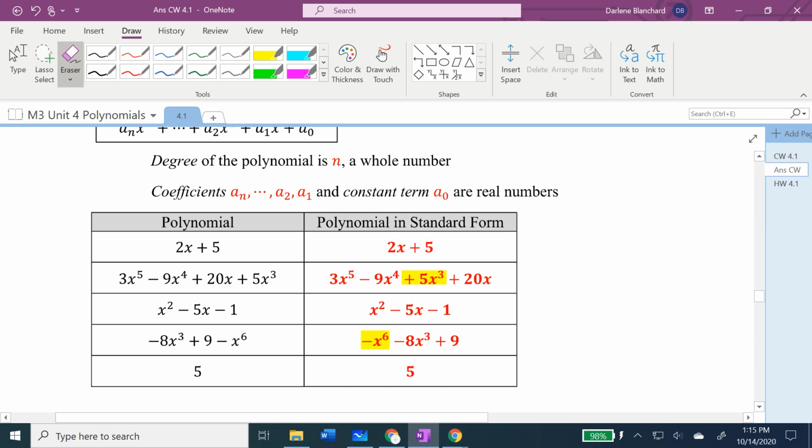They were already written in standard form. And I highlighted whoever needed to move. So by moving 5x to the third power to this position, it was put in standard form.